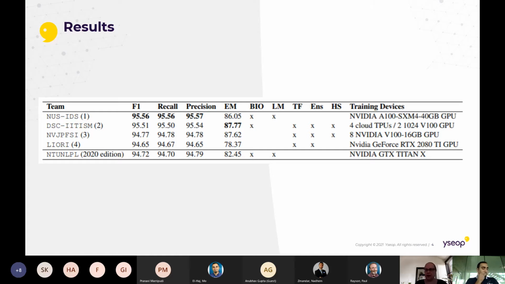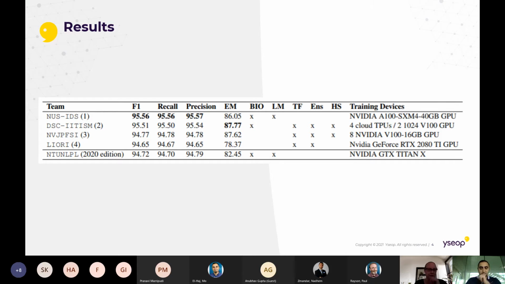She built on last year's winning system, and in her benchmark, she retrained last year's winning system with her own device. Doing so, she gained up to 0.8 F1 points, over 95.50 for retraining last year's system with her GPU, which is already very good. So we start having these questions on whether we can really improve the systems, or are we just adding more computing power to solve the problem?